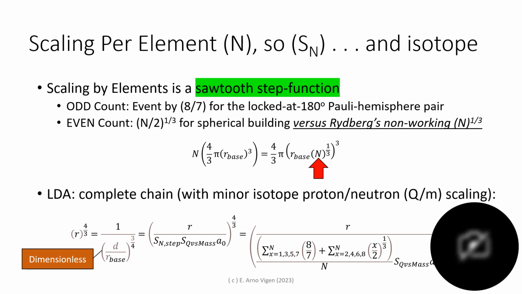Now, this scaling is not quite so easy, okay? It's not what Rydberg said, but it really has to be done understanding that 1 over distance squared really doesn't help you much. You have to have that.